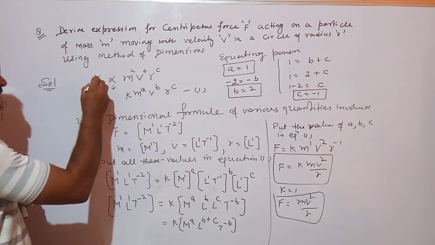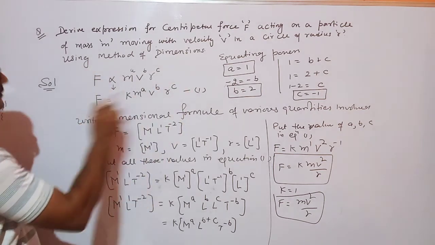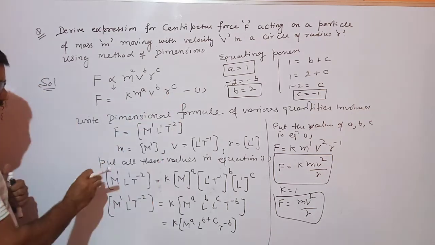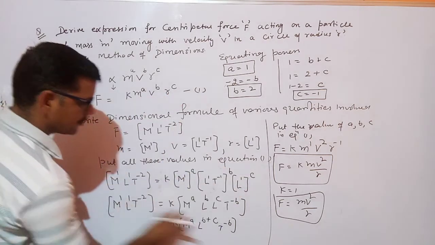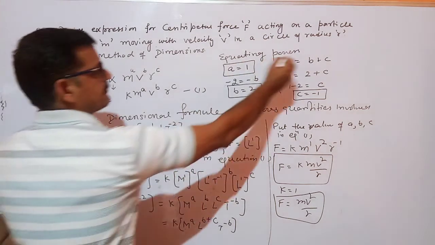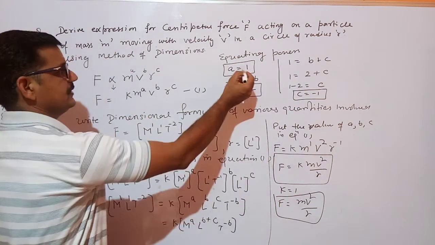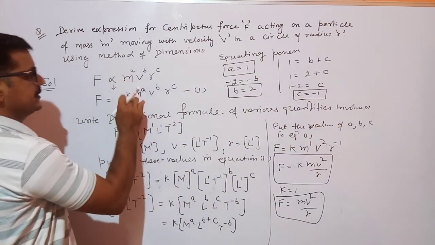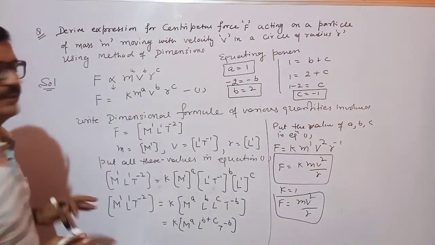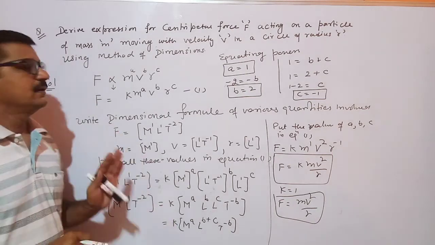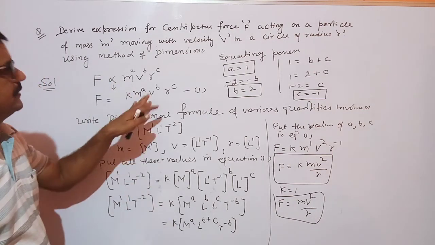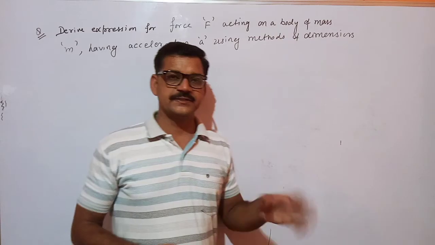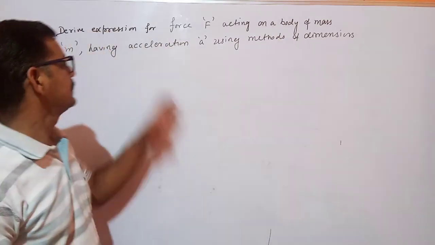Now write the dimensions of all the quantities here: force, mass, velocity and radius. So after putting all these values and solving, just equate the powers and you will get the values of a, b and c, and put these values here, and in this way we will solve all the problems by using these steps. Suppose, let us take another example.